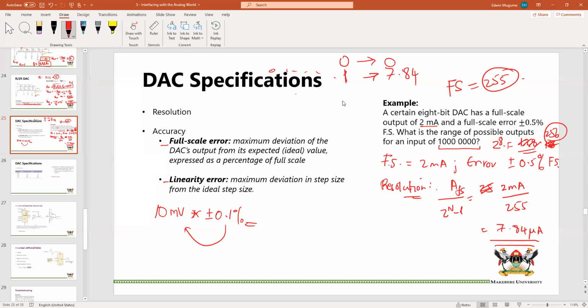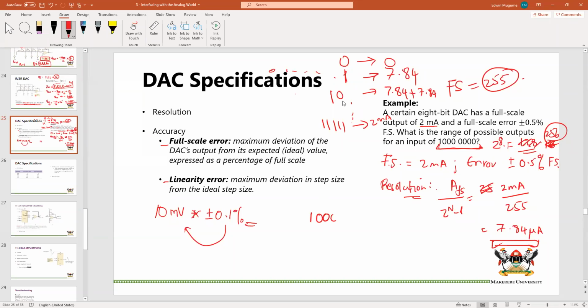The next time we have 1, 0, we are going to have 7.84 plus the resolution 7.84, all the way through. When we have everything 1, we should have 2 milliamps.